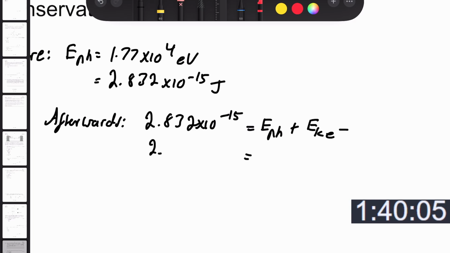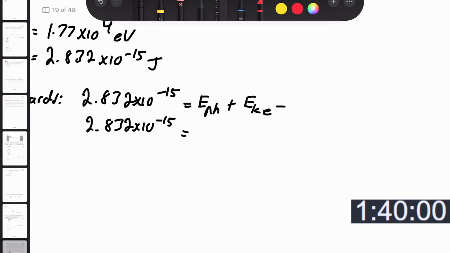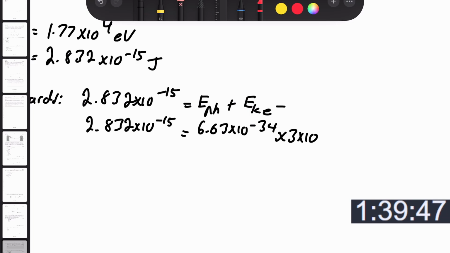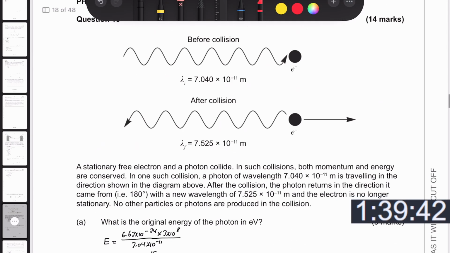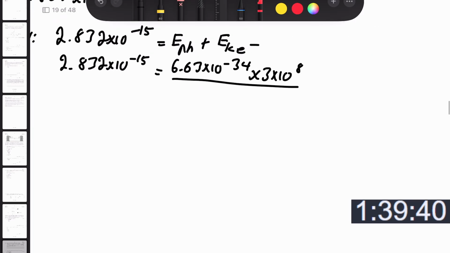This is going to equal 6.63 times 10 to the negative 34 times 3 times 10 to the 8, all over the new wavelength, which is 7.525 times 10 to the negative 11, plus the kinetic energy of the electron.